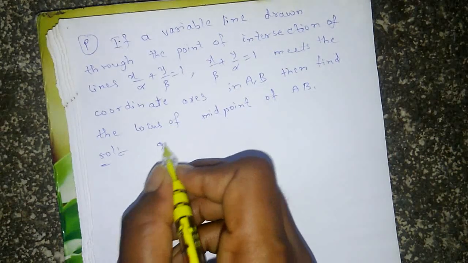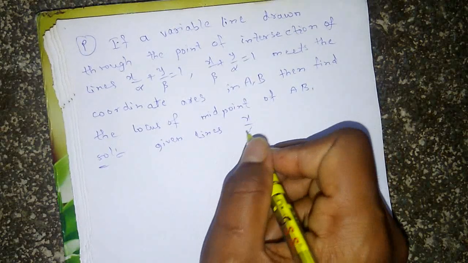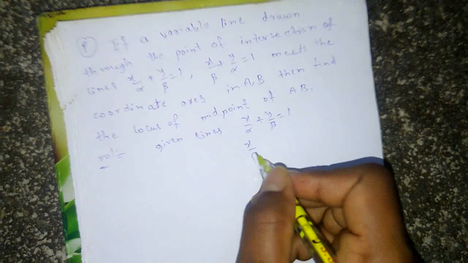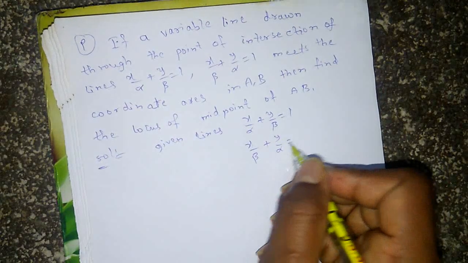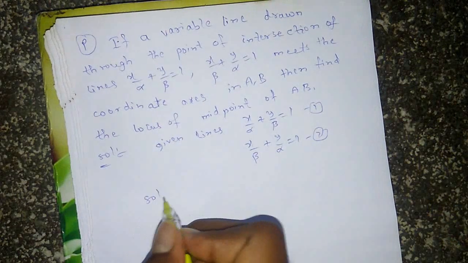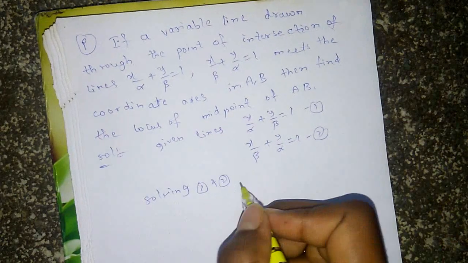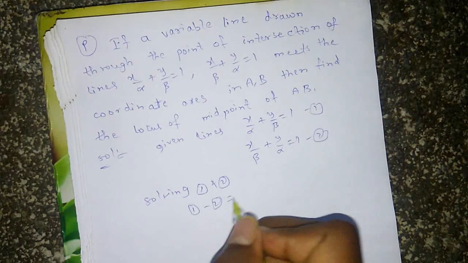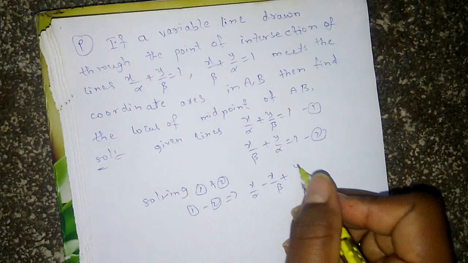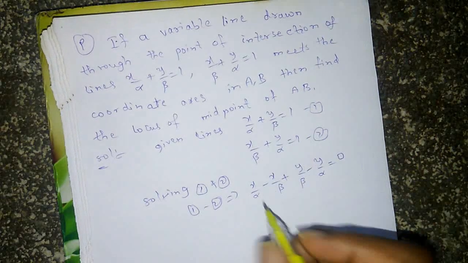Now, given lines x/alpha + y/beta = 1 and x/beta + y/alpha = 1. Let this be 1 and let this be 2. Now solving 1 and 2, first do 1 minus 2. This is x/alpha - x/beta + y/beta - y/alpha = 1 - 1 = 0.